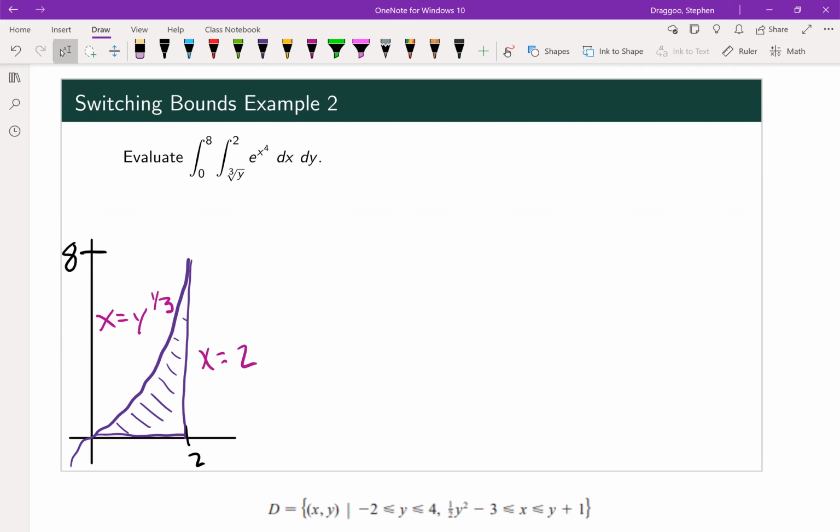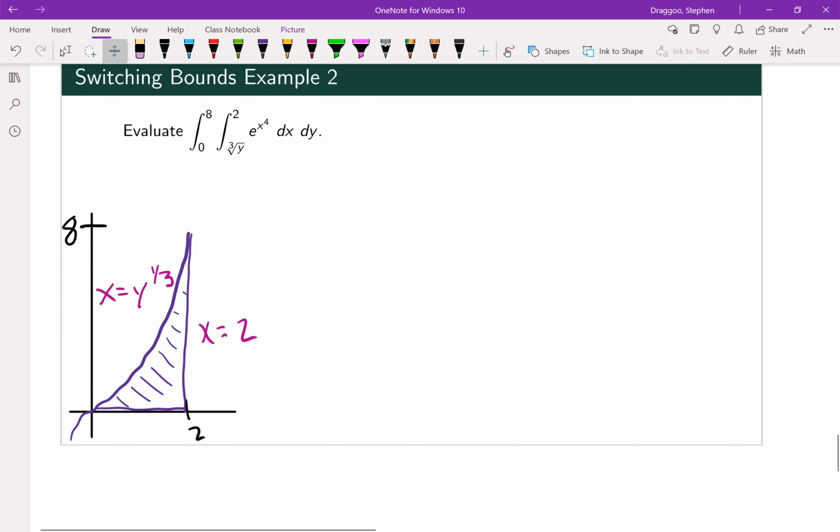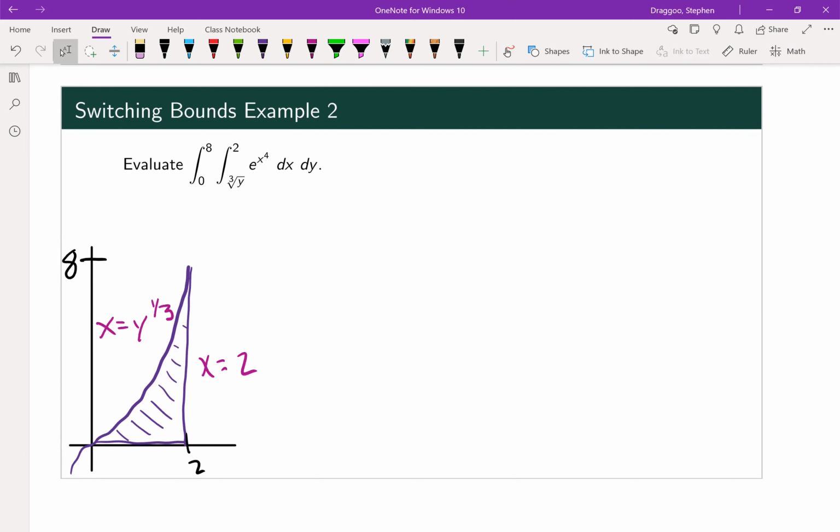Cool, so let's look at another example where we're going to want to switch the bounds, and also move another example out of the way for now. So again, same story. If we look at trying to integrate e to the x to the fourth dx, that'll get kind of complicated. So we don't have a great way of doing that.